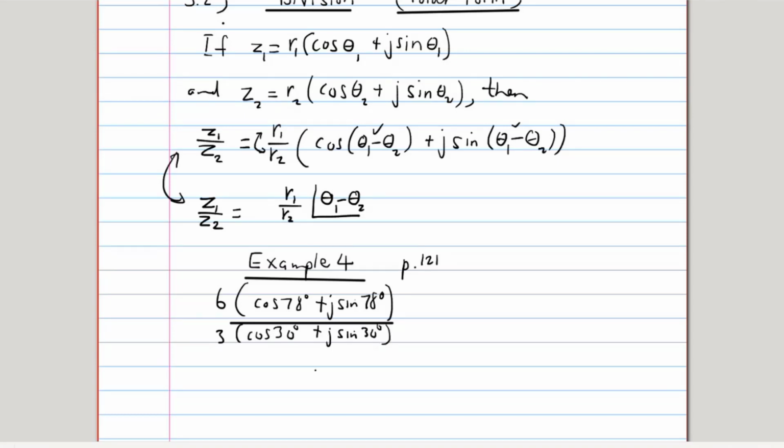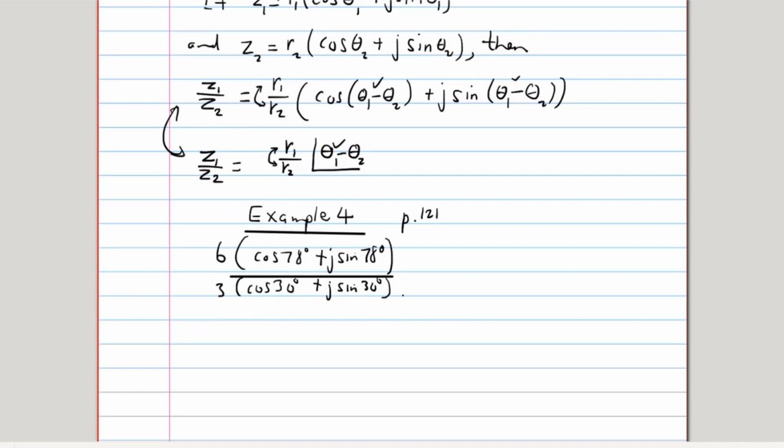Right. So of course, the rule is get the quotient of the moduli and subtract the angles. So that's what we're going to do. 6 divided by 3 is 2. When we subtract the bottom angle from the top angle, we get cos 48 degrees plus j sine 48 degrees. And then basically that's it, okay?